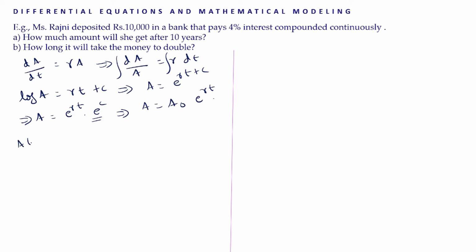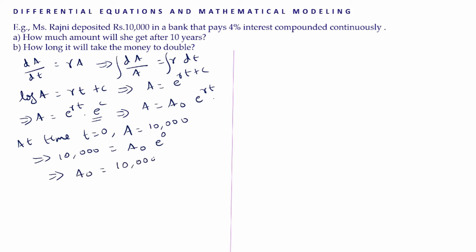Now at time t equal to 0, it is given that Ms. Rajini deposited rupees 10,000 in the beginning. So at time t equal to 0, we have A equal to 10,000. This implies 10,000 equal to A naught into e raised to 0, which means A naught equal to 10,000. Now we need to know how much money she will get after 10 years.